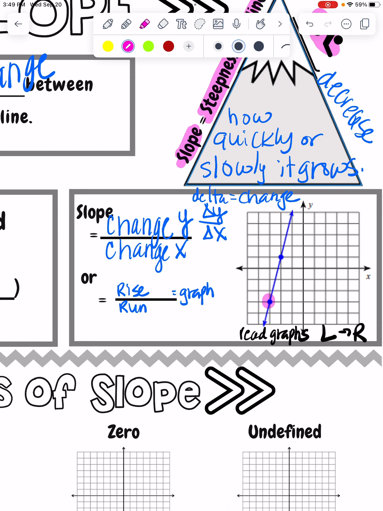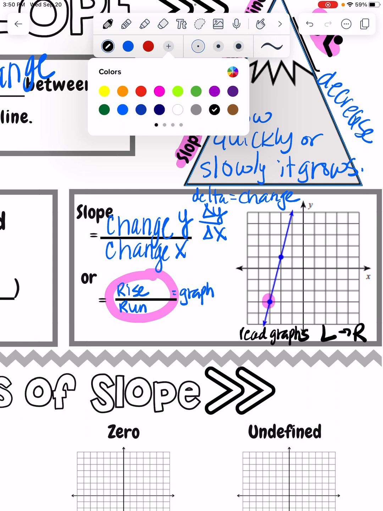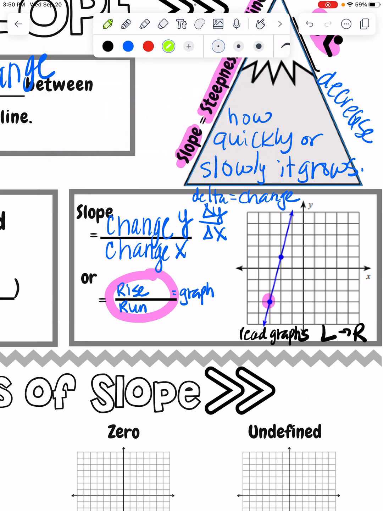So when we use a graph, we could use rise over run. So to identify rise, we're going to start at that first dot and we're going to count up. 1, 2, 3, 4. That is our rise.